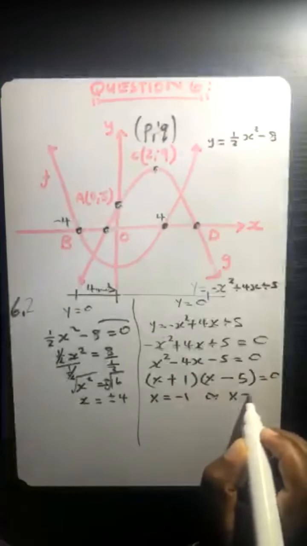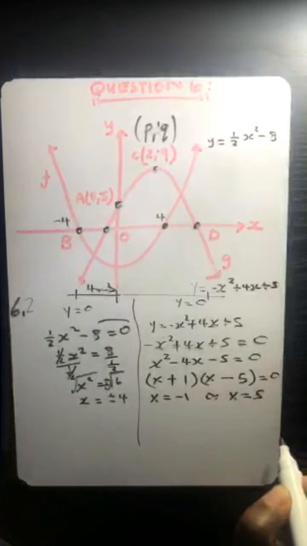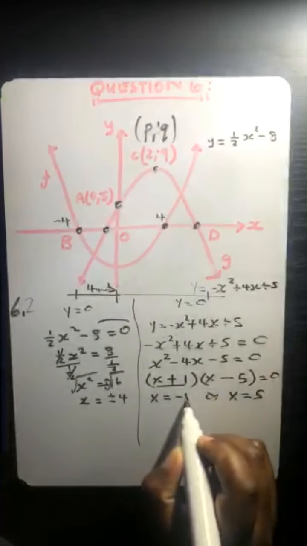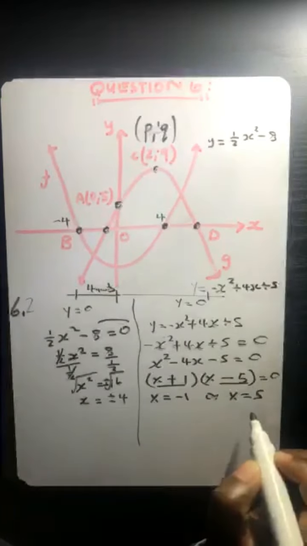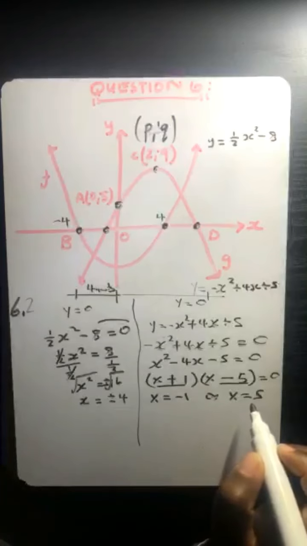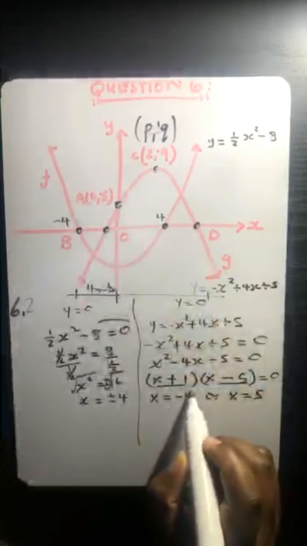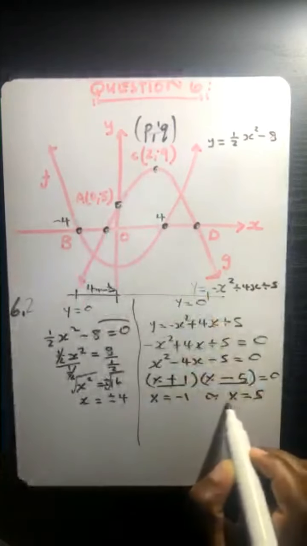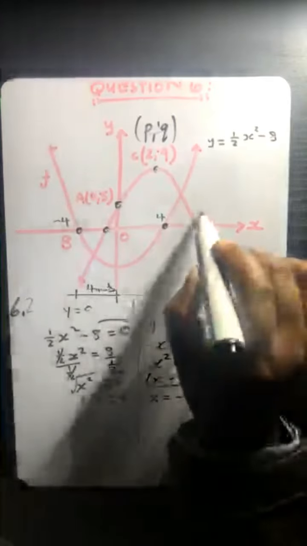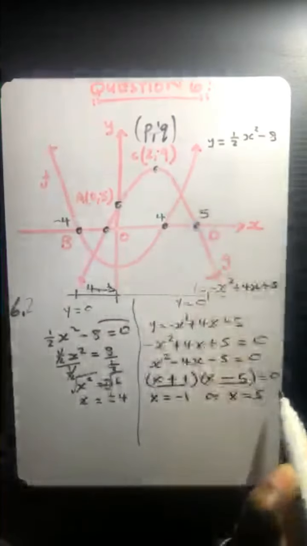Or x is equal to 5. Remember, you equate this to 0, you solve for x, you equate that to 0, you solve for x. Meaning, this is the point which is negative 1, but we are not interested in that value. This is the one that we are interested in, that one being 5 over there.